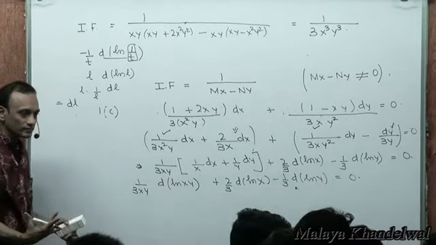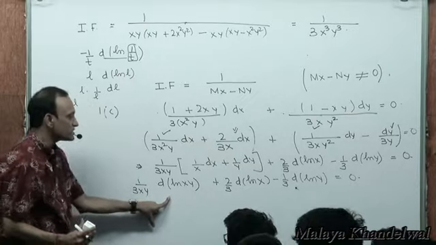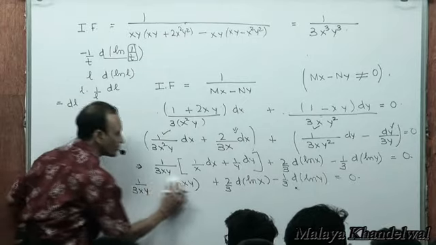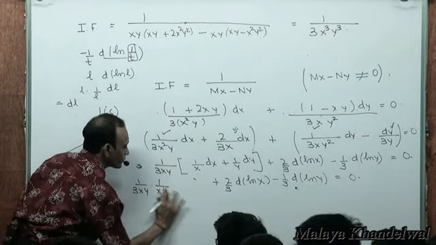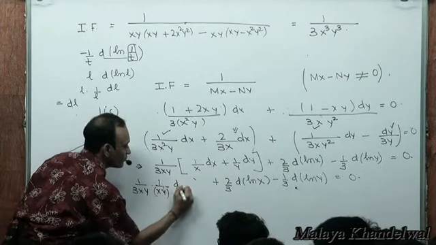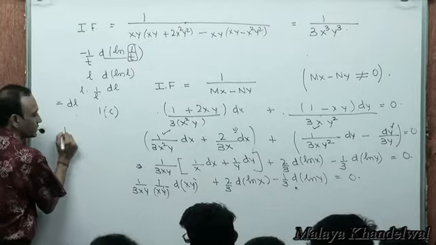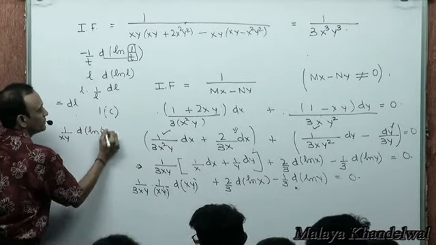Yes or no? Or right here you could have said this is 1 by xy d of xy. See, I had like a 1 by xy d of log xy, isn't it?